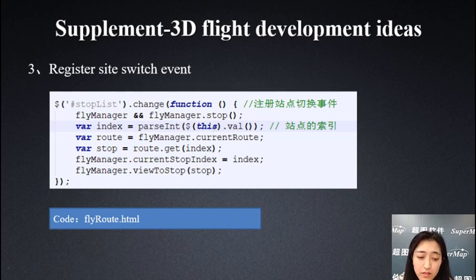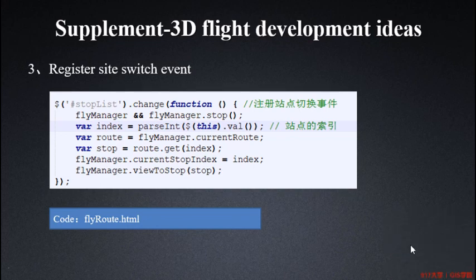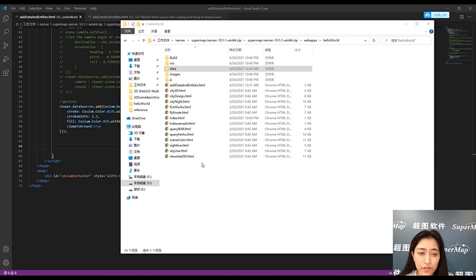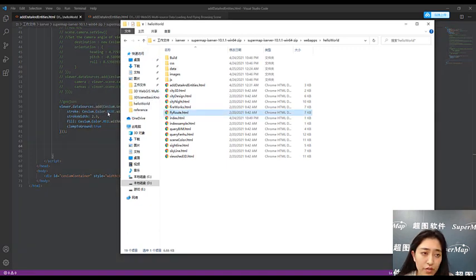And then we can reference the code file named fly route. Okay, this code I have sent to you by the QR code, and let's look at this code. It's the fly route.